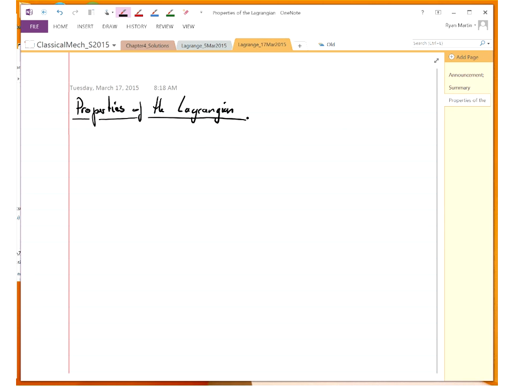One of the properties that sounds difficult to understand but is actually quite easy is invariance with respect to what are called point transformations.